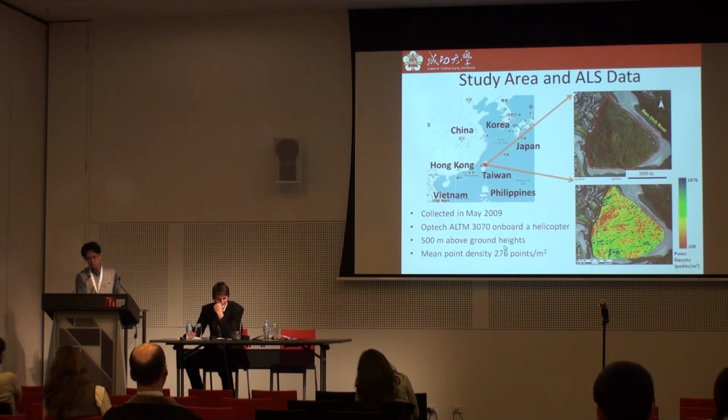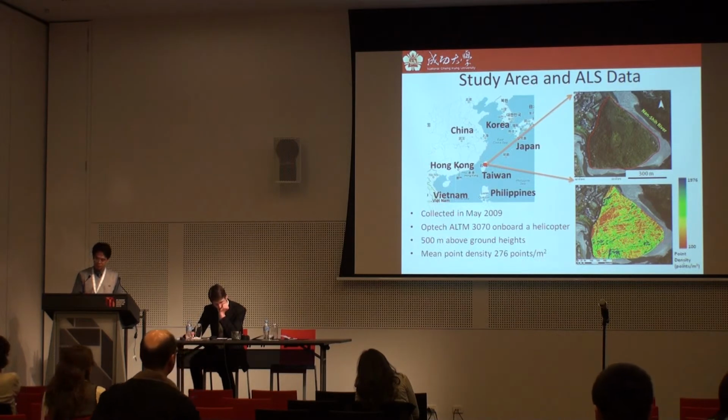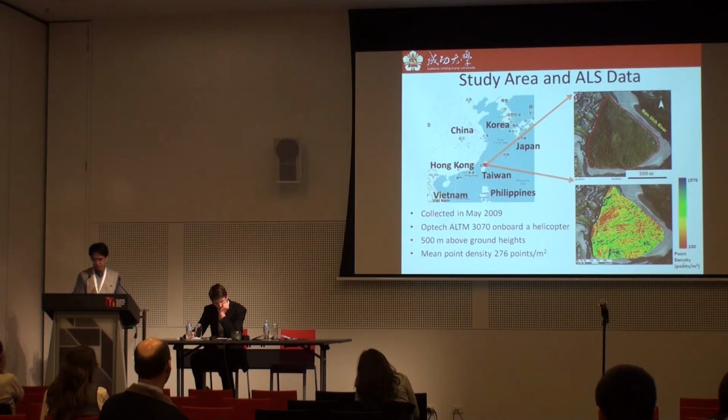The reason we use this high number is because we know we are dealing with a subtropical forest, so there will be less penetration to the ground. So we ordered the highest point density possible for our site.